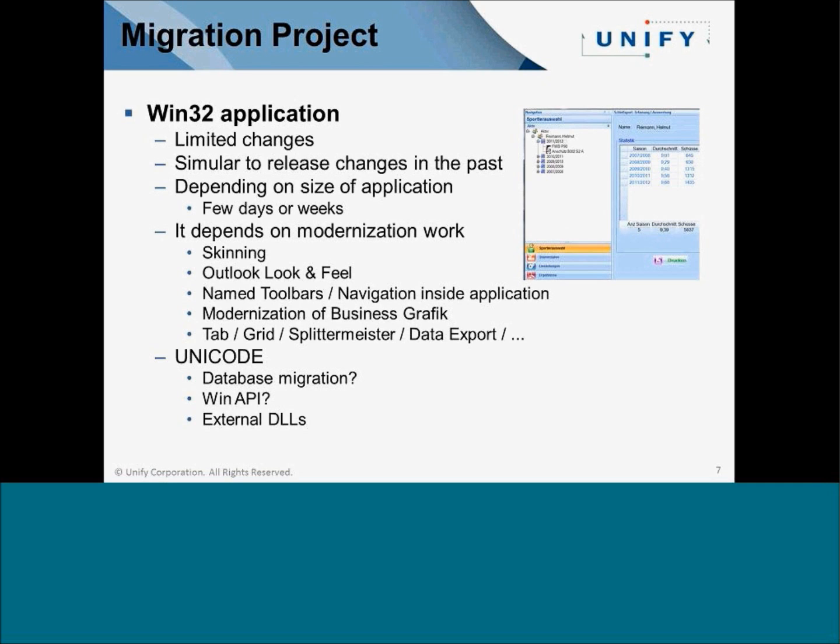They have a lot of calls inside functions, local functions, inside messages, and so on. So very often they didn't find all the Win API calls. And at this point, maybe an application could be compiled without any problem, but during runtime, they run into crashes, really bad situations, because they missed maybe one or two calls, and after a while, someone clicked on a special button, fired a special method, and the application stopped working.